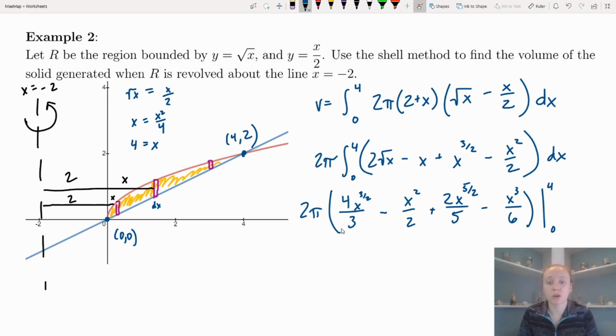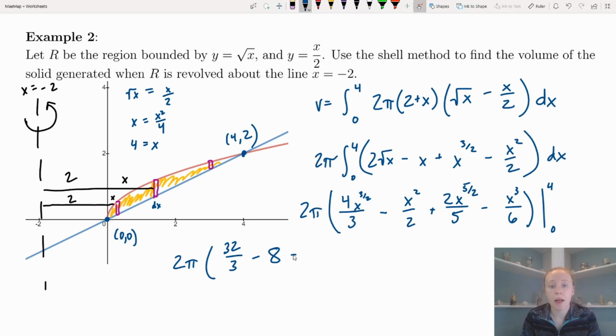Now I'll go ahead and plug in that 4 and then subtract, plugging in 0. So I'll have 2 pi times 4 to the 3/2. I'll take the square root first, which will leave me with 2, and then cube it to get 8. 8 times 4 is 32, so I have 32/3 minus 4 squared is 16 over 2.